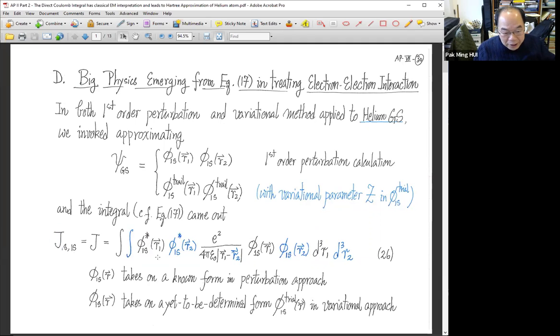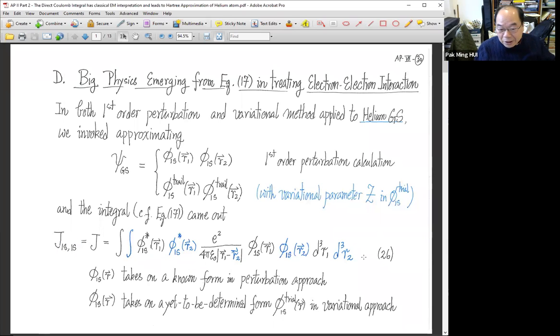To be more explicit, electron number 1 is in something called the 1s. Electron number 2 is also in 1s. I label it as 1s, 1s. Sometimes I'm lazy, I just call it J. So that's why I put that here, okay? But more formally, electron number 1 is in 1s, number 2, so there are 2 states involved, okay, in general.